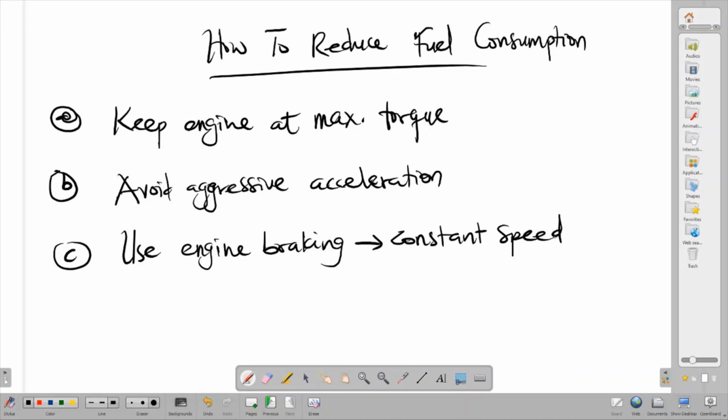So in that condition, no large amount of fuel will be used because there is no acceleration. No large fuel supply to the engine since there is no acceleration, and then the compression effect of the engine will now be used for braking.